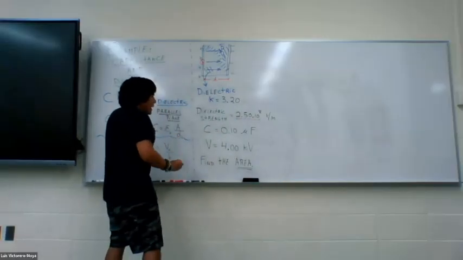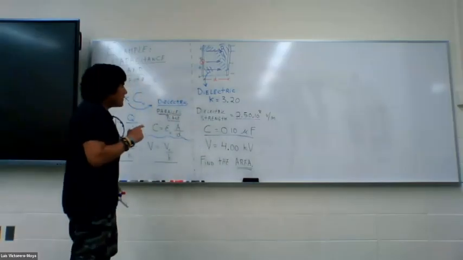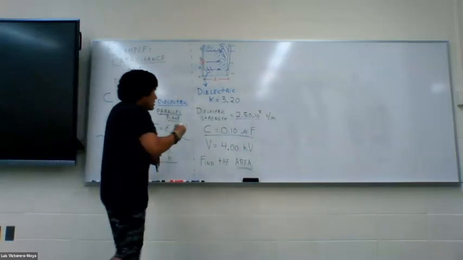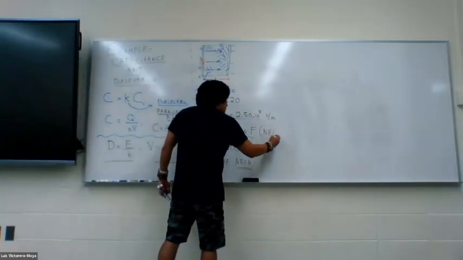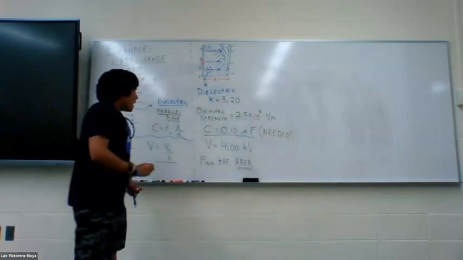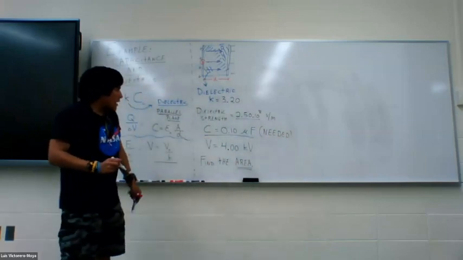You are given the capacitance. That's the capacitance you need. So this is the needed capacitance. And you have the voltage between the plates of 4 kilovolts.